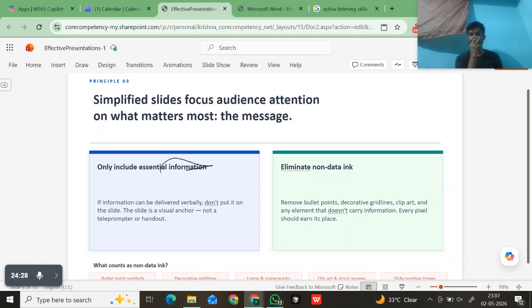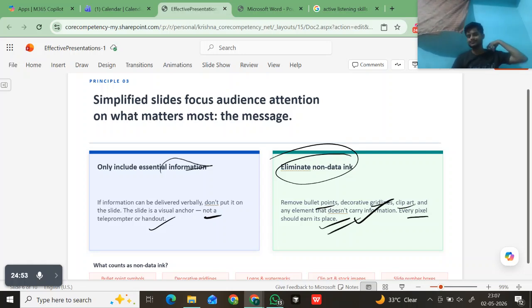We don't need to put on-screen text for every line in the voiceover, right? Not a temporary handout. Eliminate non-data ink. Remove bullet points, decorative grid lines, clip art, and any element that does not carry information. Every pixel should be in its place, right? Whatever the purpose is, keep that, and else remove it.